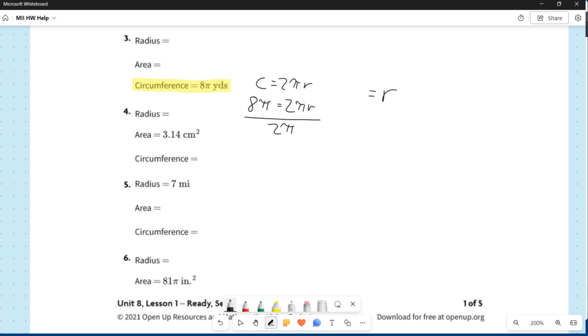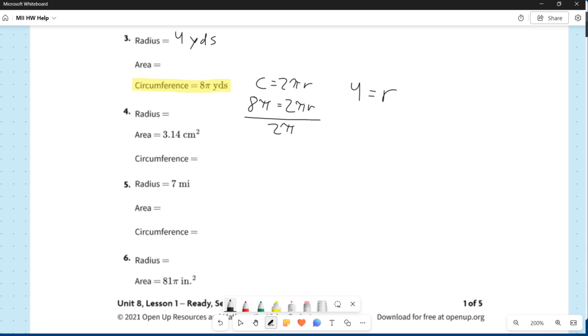On the left, again, my pi's are going to cancel, so they're going to go away, and 8 divided by 2 is 4. So, getting back to number 3, the radius is 4, and we're talking about yards here, and radius is a length, and so it's one dimension, and so it's 4 yards.